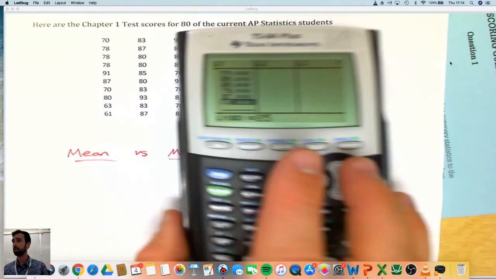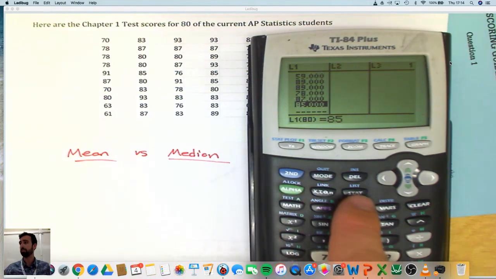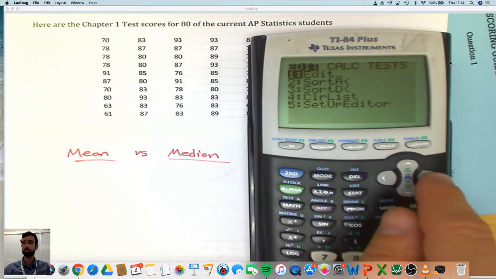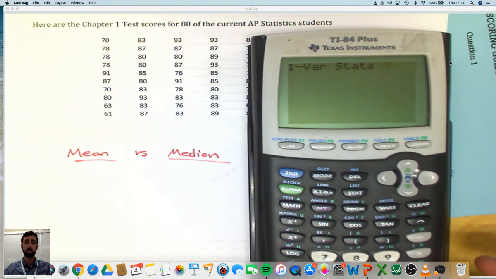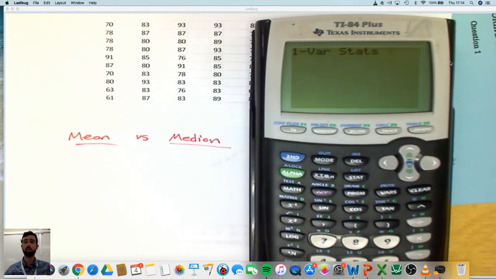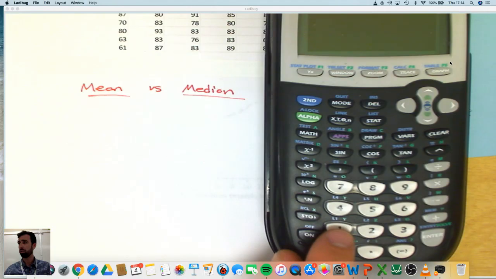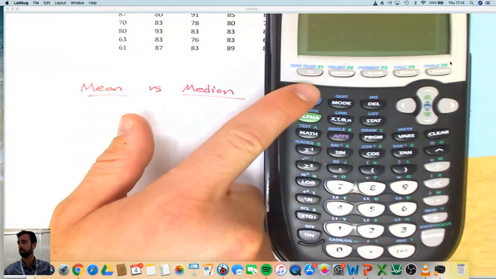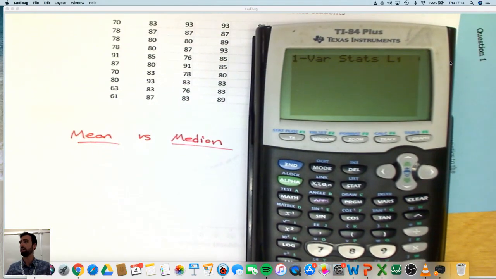So anytime you want to run a 5-number summary from data, you go to Stat, over to Calculate, one variable statistic, and you usually type in where you put your data. I put my data in L1. To get access to all the lists, you see the little L's above the numbers. So we hit second, then 1, and you'll see L1 pop in there. Then hit enter.